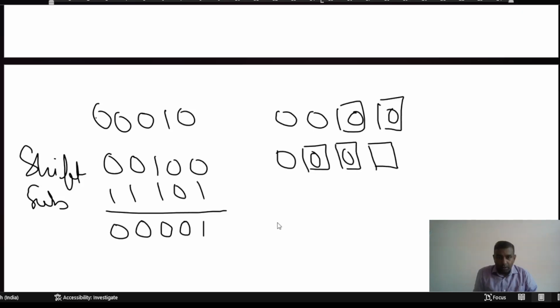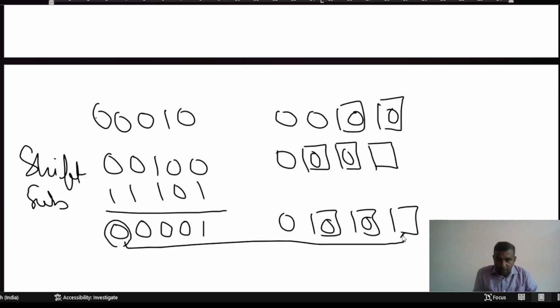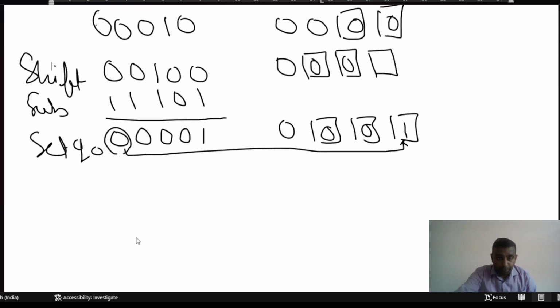Then we need to set the Q0, the same operation which we already performed in cycle 2. This is set Q0, that is 1. Why 1? Because the first bit is 0. Write the opposite of the first bit of the result of subtraction. Then we are getting 0 here, which means we don't need to perform restore operation.